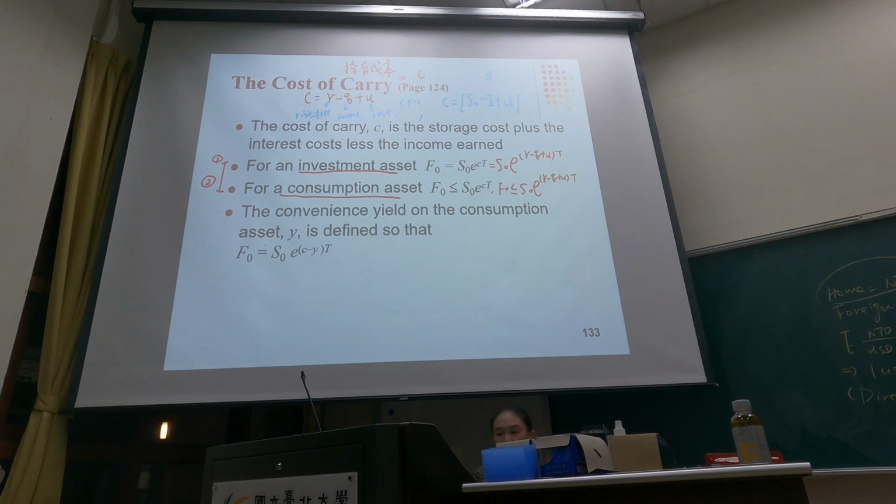Now finally, there's an extra variable that could adjust the pricing for cost of carry, and that variable is y. Can you write it here?